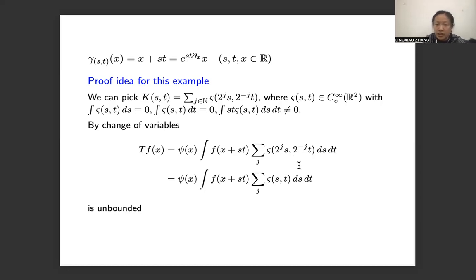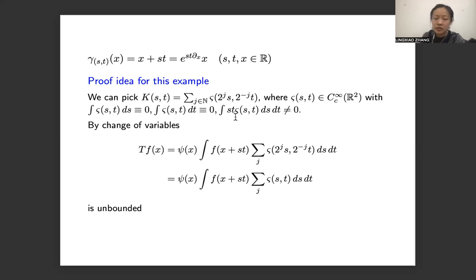Now, if we make a change of variable, we let 2 to the j s be our new s, and 2 to the negative j t be our new t. Then it will result in the st in the front being dilated by 2 to j times 2 to negative j, which is 1. So now our function becomes the infinite sum of the same term.